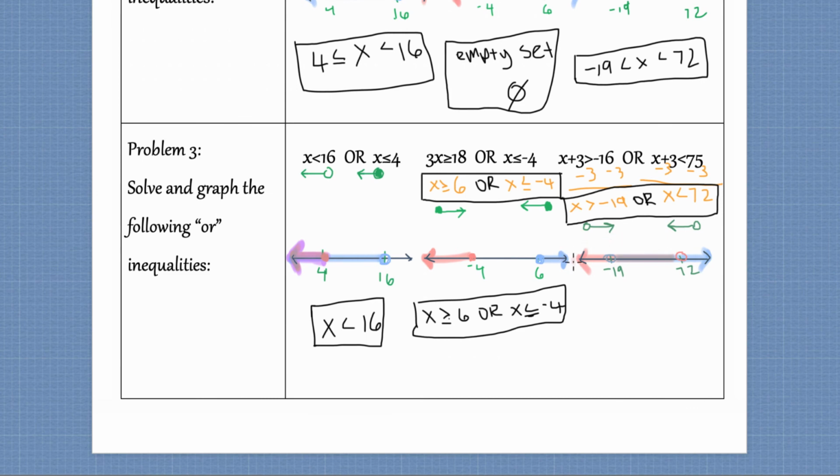So since the entire number line is shaded and it keeps on going forever, that means our final answer is going to be all possible values of x. Or it's going to be all real numbers, which we can signify by saying ARN, all real numbers. So just because everything has been shaded in, we can say that all real numbers is our final answer.